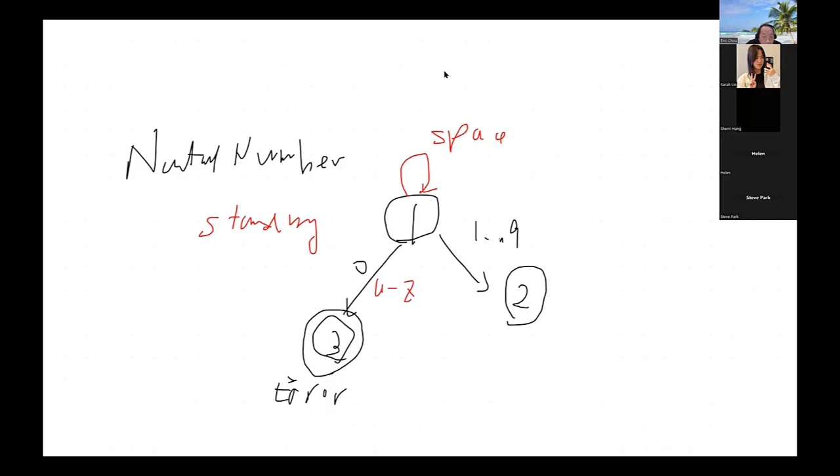So if you see a 0 to 9, you will repeat state 2. If you see a space, you go back to your original standby state.